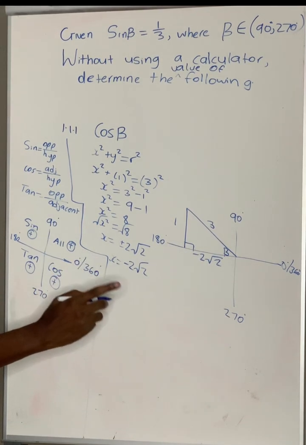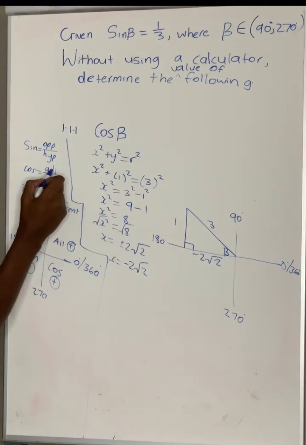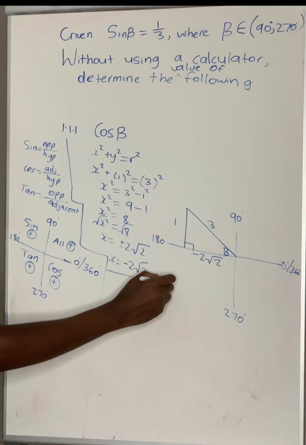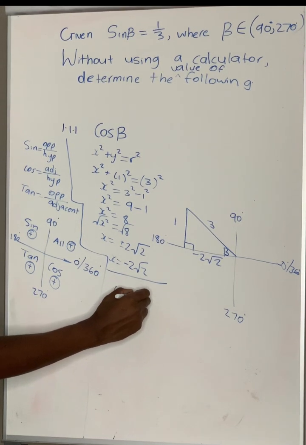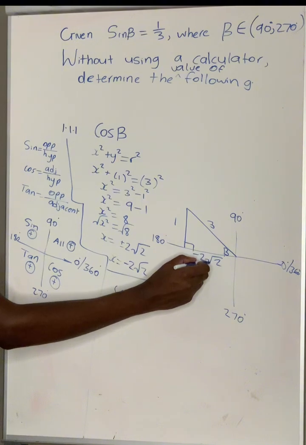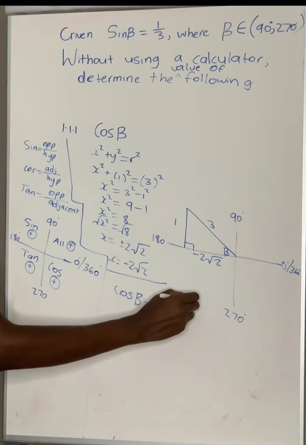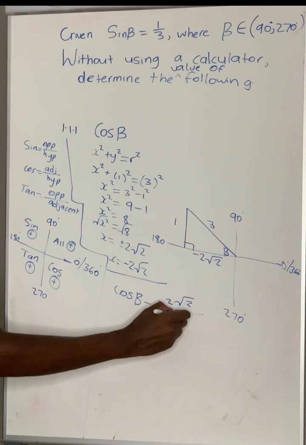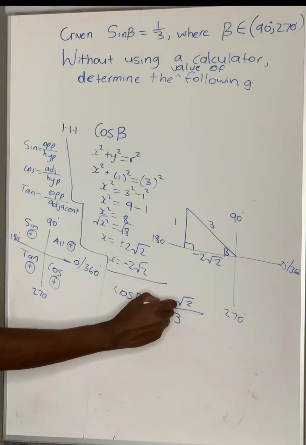You're getting closer to the answer now. We're trying to find the value of cos beta. And remember we said cos is adjacent over hypotenuse, okay? So cos beta, adjacent to beta, which is what we're looking for, it's negative 2 root 2, and the hypotenuse is positive 3. So the value of this cos beta is negative 2 root 2, all of that divided by 3.